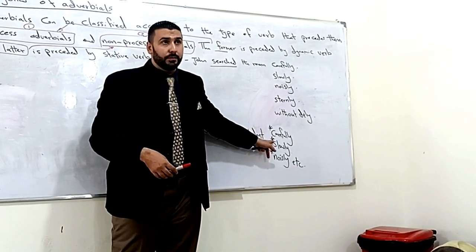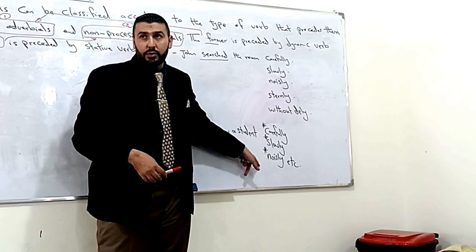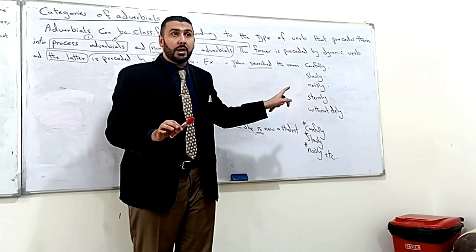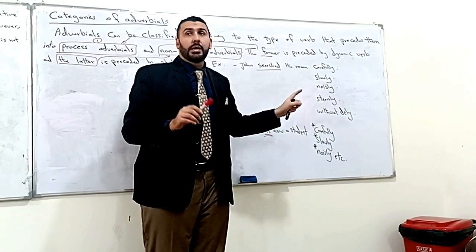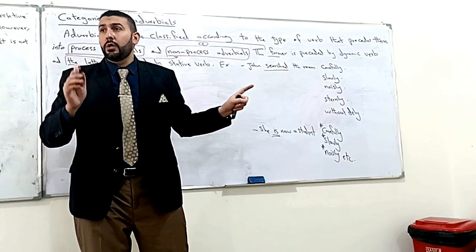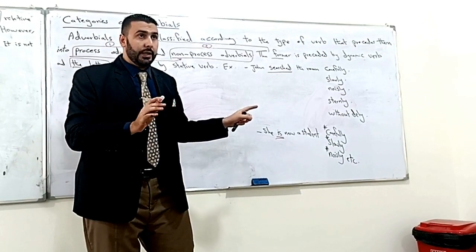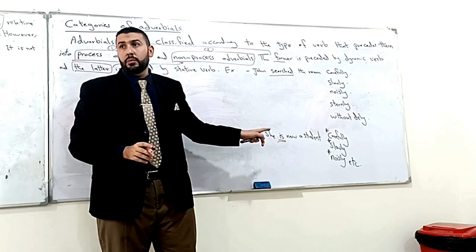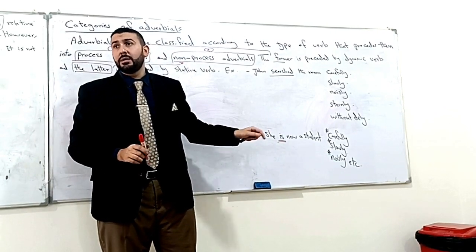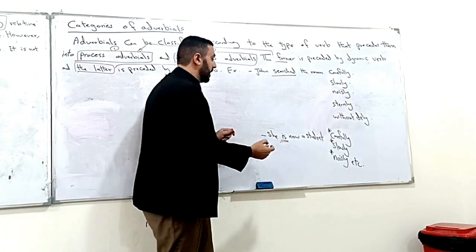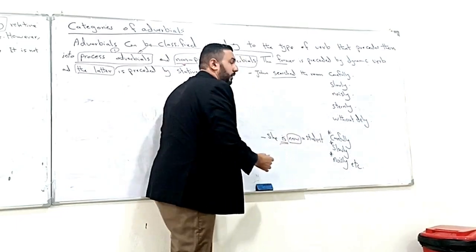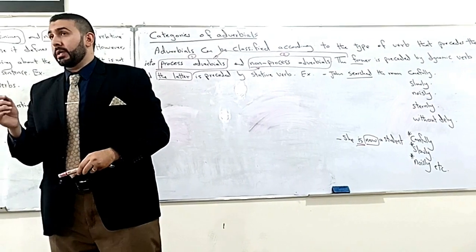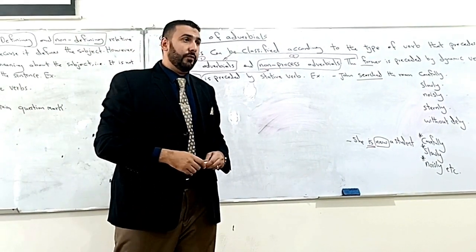No, it's ill-formed. Can I say slowly, noisily, sternly, without delay? They cannot. Why? Because these are process adverbials, which can be used only with the dynamic verbs. Okay, only with the dynamic verbs. But with the stative verb, I can use non-process adverbials such as now. Now is considered a non-process adverbial because it's used with a stative verb.